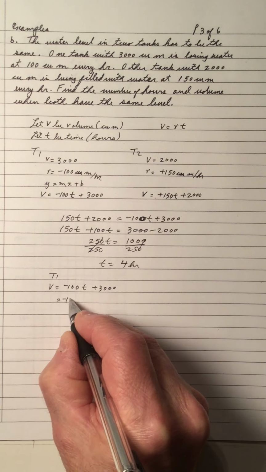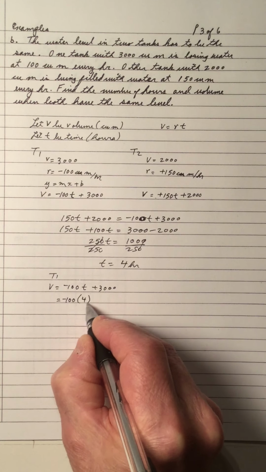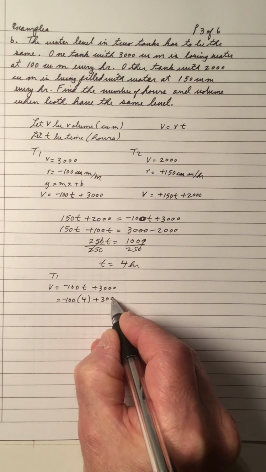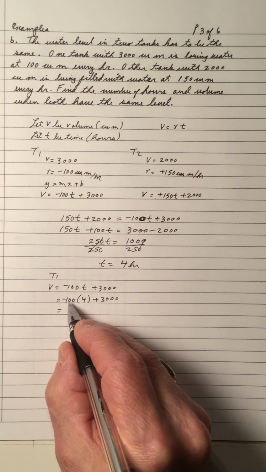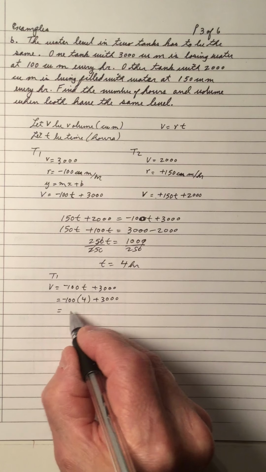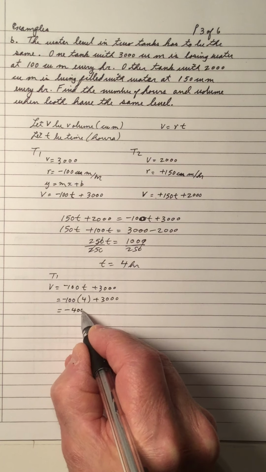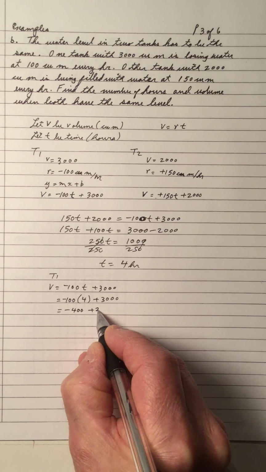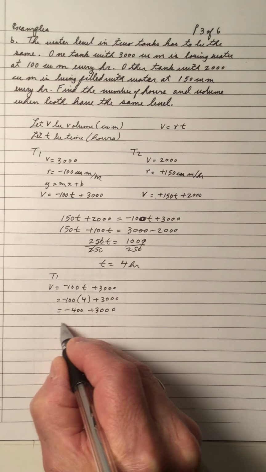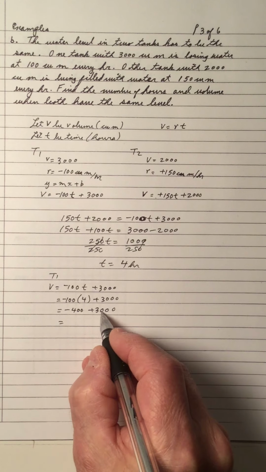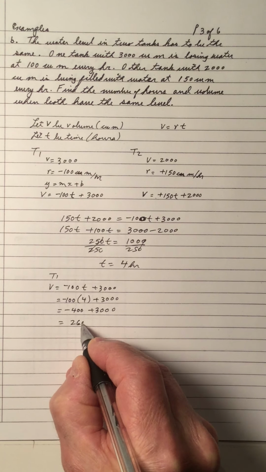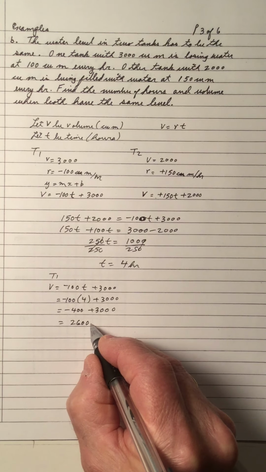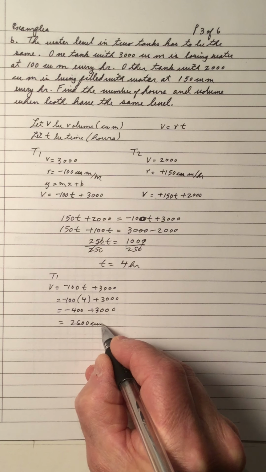And if I put 4 hours in for T, if it's losing 100 in 1 hour, then 4 hours is going to lose 400. And 400 added on 3,000 is 2,600.